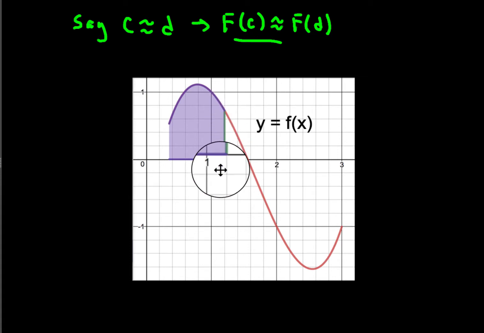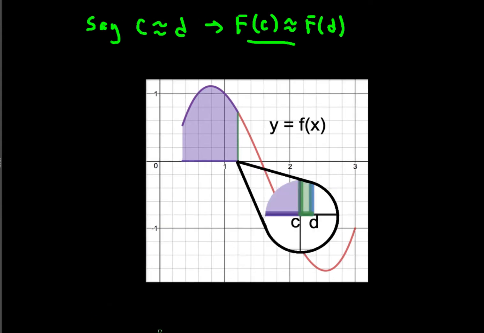So let's get our magnifying glass out and zoom into the x-axis. It would look something like this, where the distance between C and D is infinitesimally small, right? Because C and D are infinitely close to each other. So the width here is an infinitesimal.